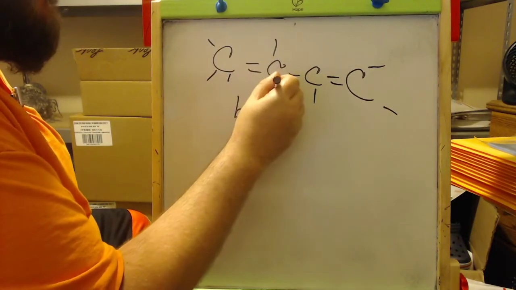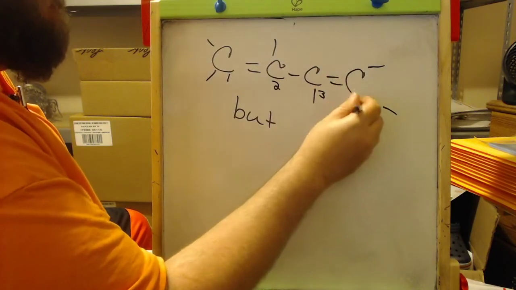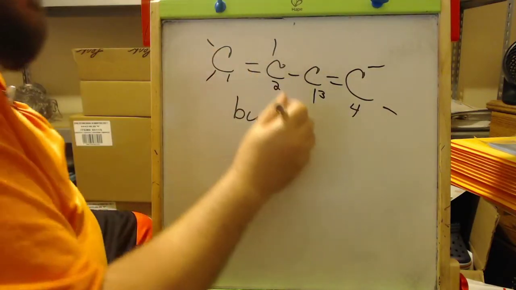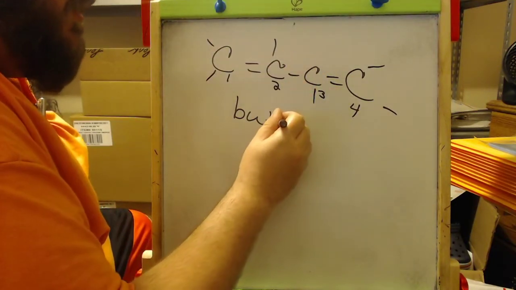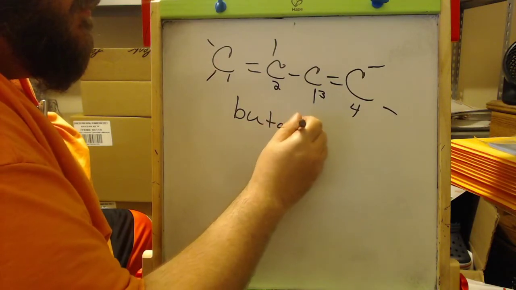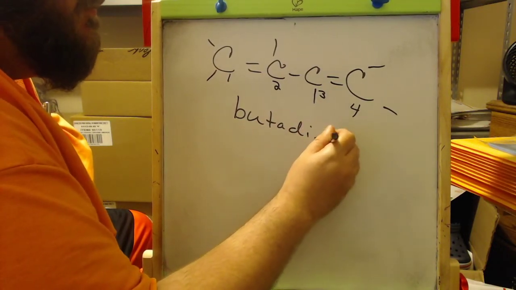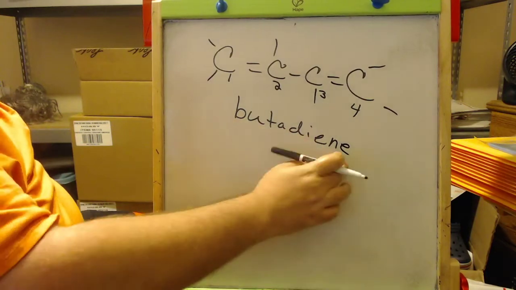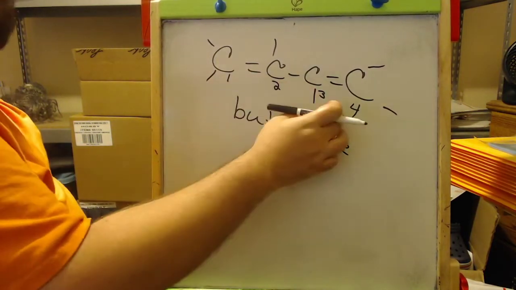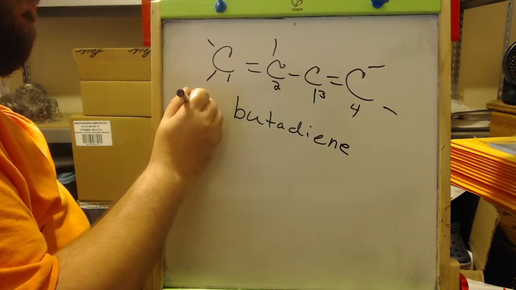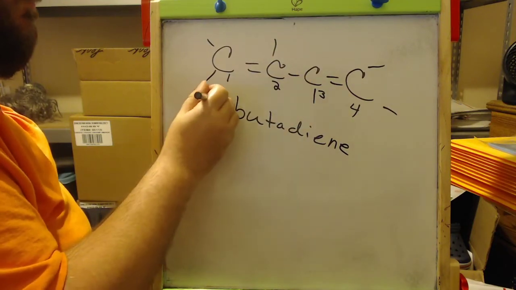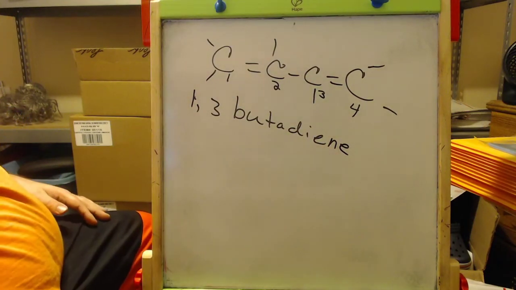One on the 1st carbon and one on the 3rd carbon. If I have that, I'm known as a diene. Butadiene, and I have to say where they are. 1,3 butadiene.